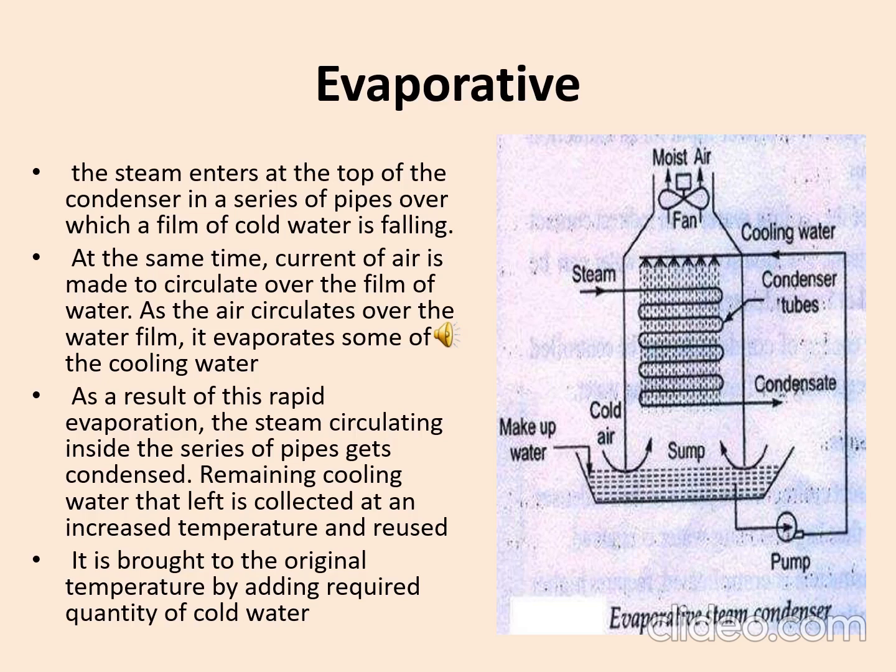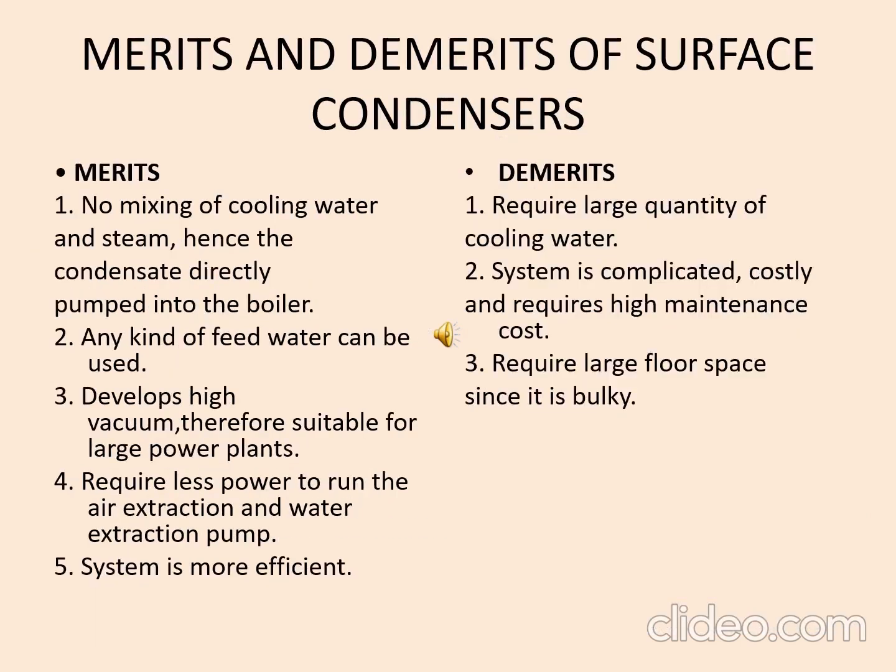Due to this placement, the exhaust steam flows radially inward over the tubes towards the suction pipe, so the steam after condensing comes to the condensate extraction pump. After that it goes to the hot well, and from the hot well it goes directly to our boiler. So this is the working procedure of our center flow surface condenser.